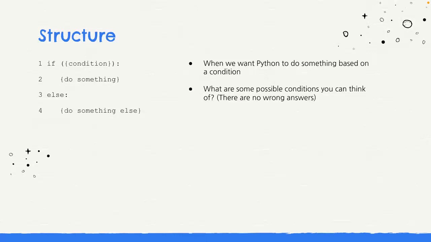So you can check if a number is even, if a number is odd, if it's divisible by some number, if the length of a string is a certain number, length of a list even. There are a lot of things you can put in there. It just depends on the context of the problem.